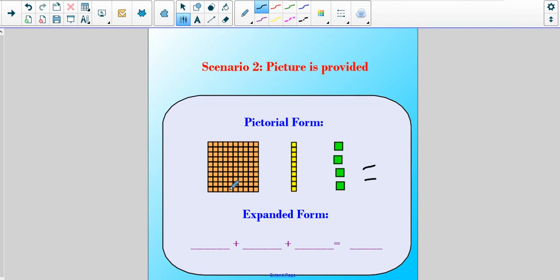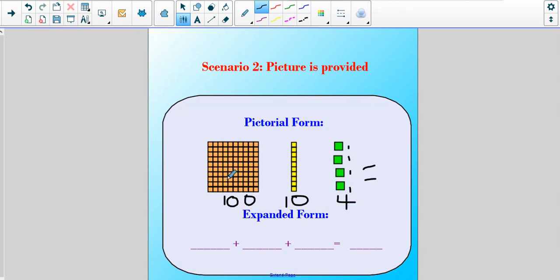We see one flat, and we know that the value of one flat is 100. There's one rod, and the value of one rod is 10. We see 4 cubes. We know that the value of each cube is 1. So the value of 4 cubes is 4.